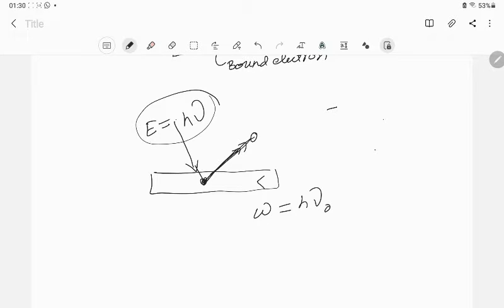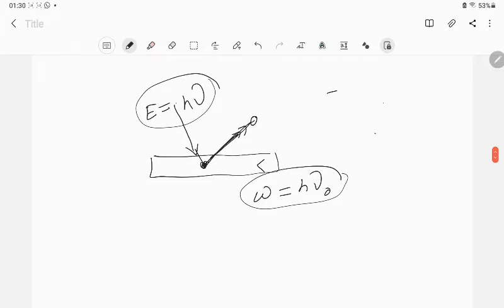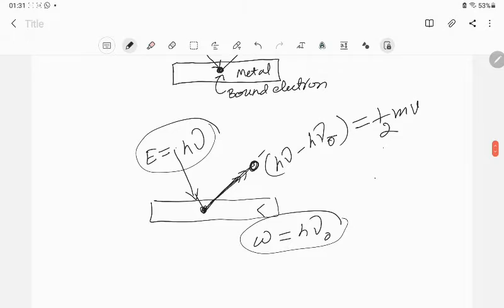So from this we have to subtract that, and we get the remaining energy, that is h nu minus omega, or you can write h nu minus h nu naught. This is left for the kinetic energy of the ejected electron. So this must be equal to the kinetic energy. The kinetic energy formula is half m v square, the maximum kinetic energy.